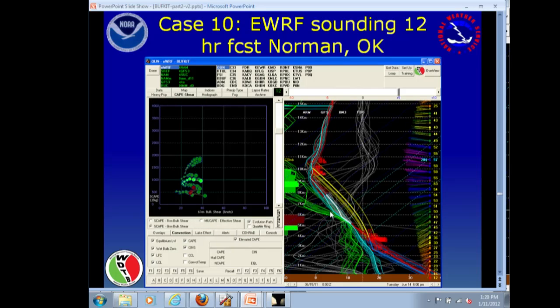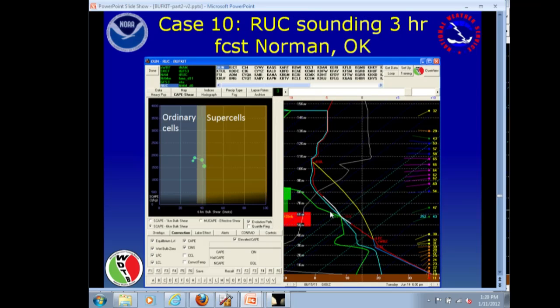Okay, there's a phase space diagram with all the ensemble members from the morning ensemble WRF that we produced. They all paint generally similar shear, but large variations in CAPE. And this is my storm type diagram that I use for distinguishing between supercell and ordinary cells.